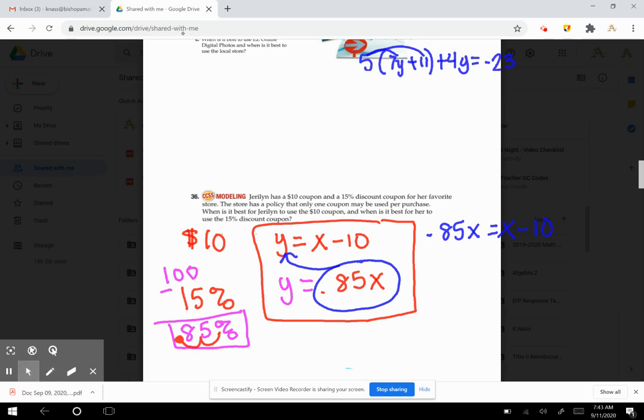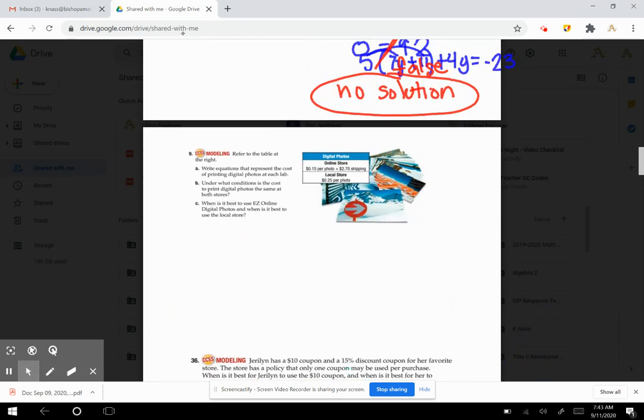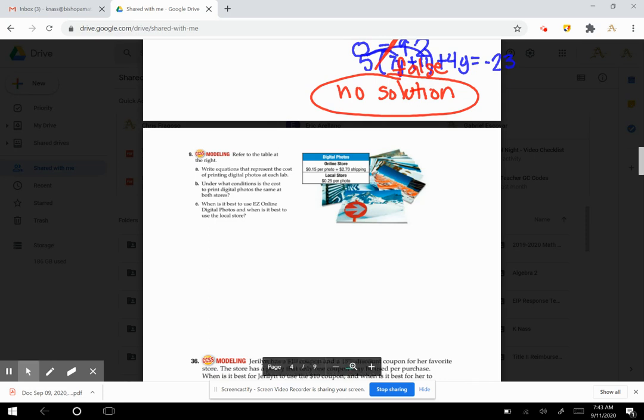Okay, let's go back up to this word problem right here. All right, so modeling: write equations that represent the cost of printing digital images or photos from each lab. What's nice is they've pretty much already created your equations for you in this box.